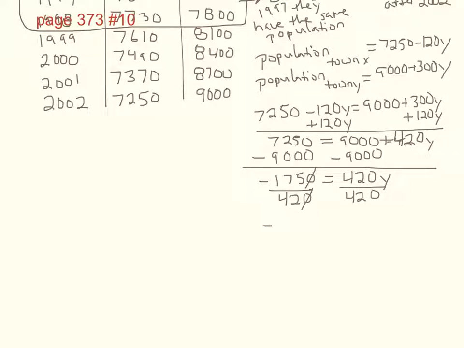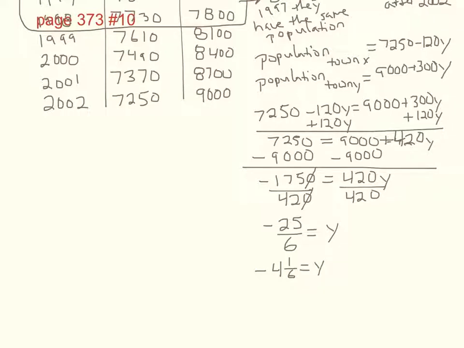So we can take a 7 out also, so this simplifies to negative 25 over 6 is equal to y. Now I know I usually don't like mixed numbers, but in this case we want to see how many whole years this is, so let's write this as a mixed number. This would be negative 4 and 1/6 equals y.